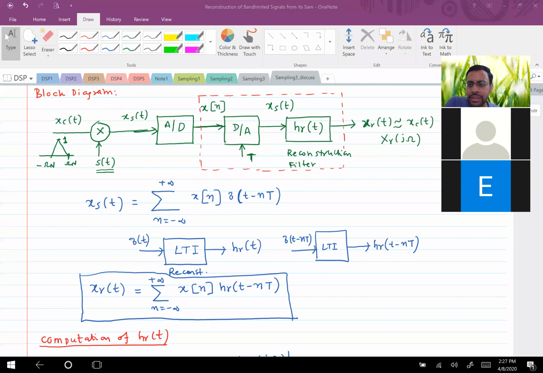Actually, in starting sampling, we are getting the discrete signal x[n] from x_s(t) by integrating over nT minus epsilon to nT plus epsilon, right, sir? Correct. Now we are obtaining the x_s(t) by just multiplying with the impulse train. Will this x_s(t) and the initial x_s(t) be the same or different?